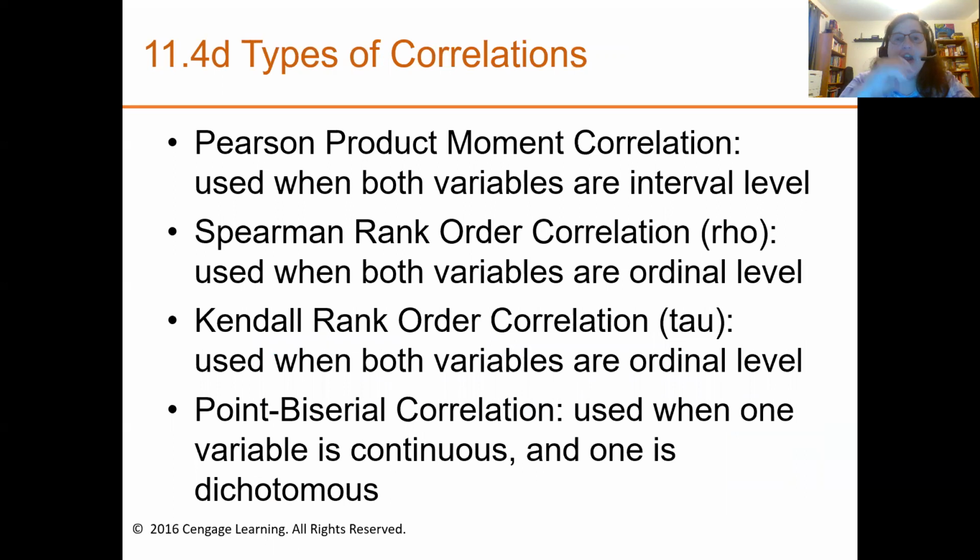So what are the different types of correlations out there? Well, there's the Pearson product moment correlation, used when both variables are interval or ratio. The Spearman rank order correlation, used when both variables are ordinal, right? It's going to rank them for you. Same with the Kendall rank order correlation, also used when both variables are ordinal.